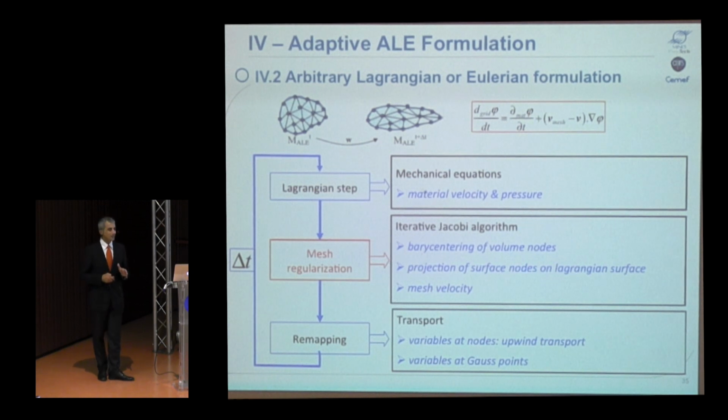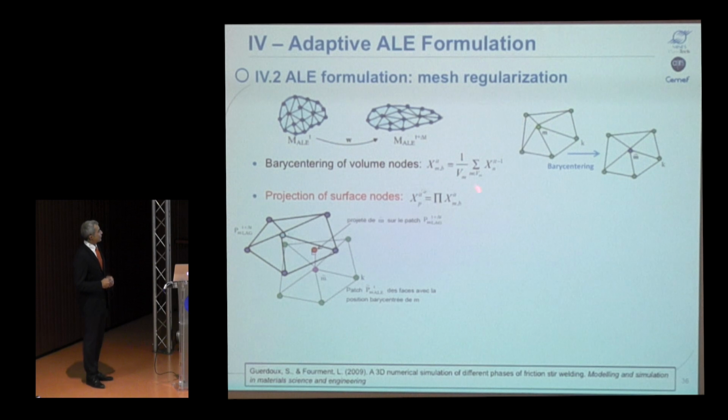For the problem we are handling, the main difficulty concerns mesh regularization, because we have complex shapes, and the problem is to perfectly keep the volume and control the shape. For that, we are using a barycentering algorithm. For volumic nodes, it is very simple, but the difficulty arises when we have to deal with the surface.